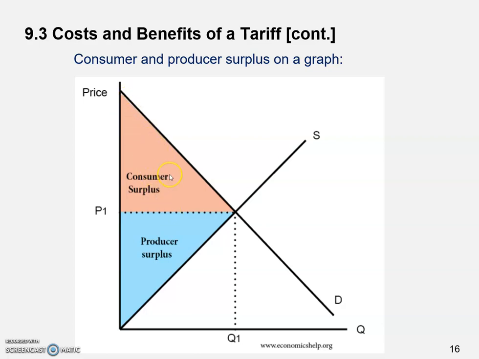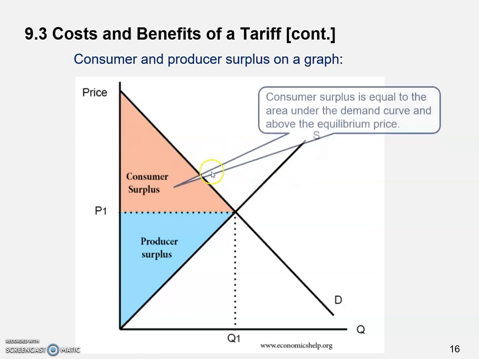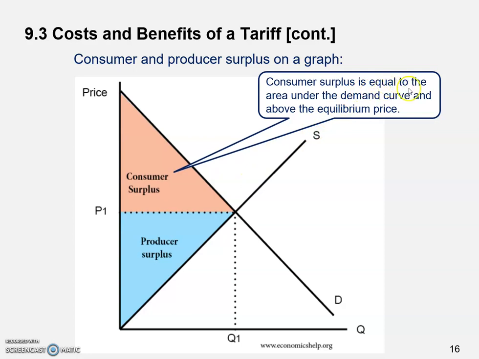So if you do all consumers, you would find that the consumer surplus on this figure is equal to the area under the demand curve and above the equilibrium price. So that's the shaded orange area here that represents consumer surplus.